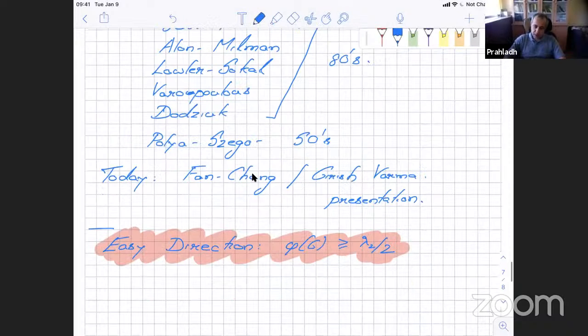Small conductance implies small second eigenvalue.